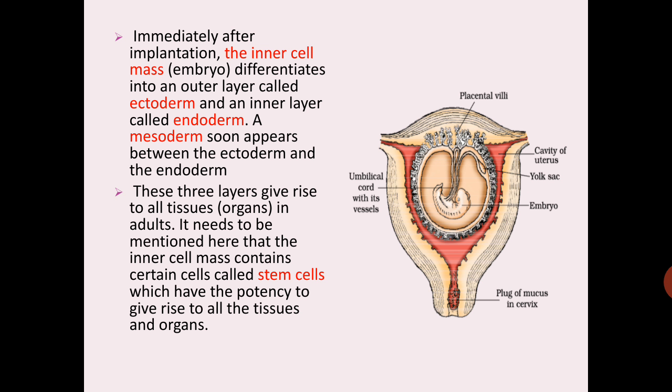Immediately after implantation, the inner cell mass differentiates into an outer layer called ectoderm and an inner layer called endoderm. A mesoderm soon appears between the ectoderm and endoderm.